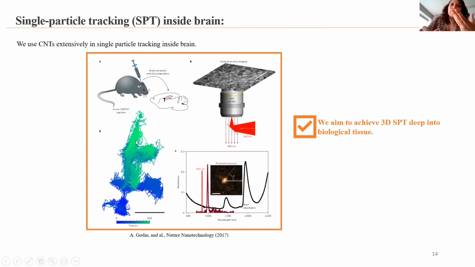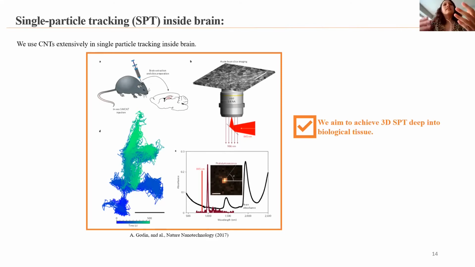We follow the emission of the carbon nanotubes so that we can reconstruct the trajectories inside the extracellular space. Due to this interplay of the geometry of the carbon nanotubes with the extracellular local environment, we can retrieve information of the extracellular space.